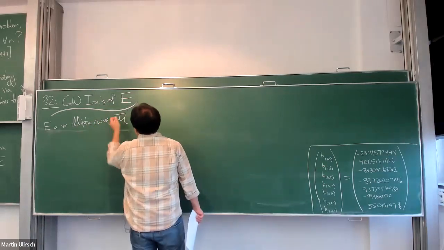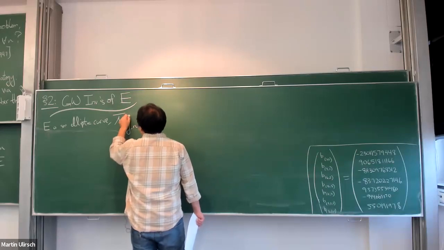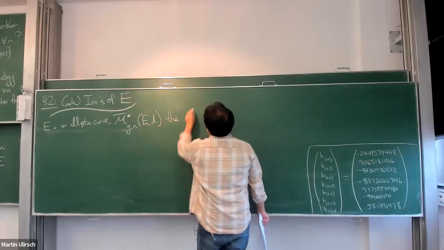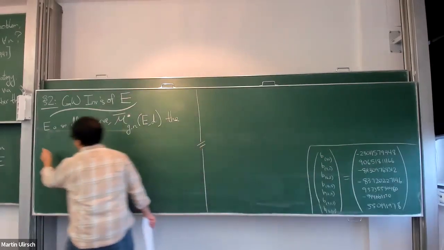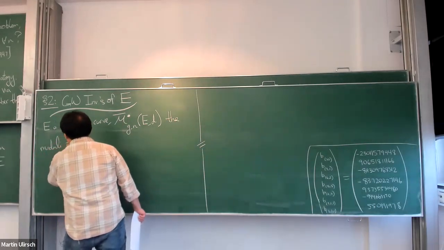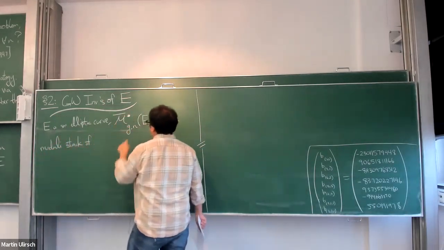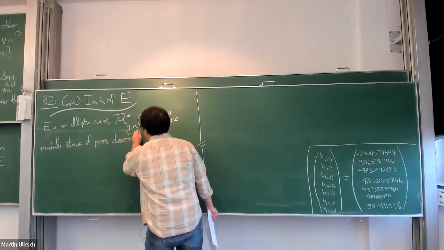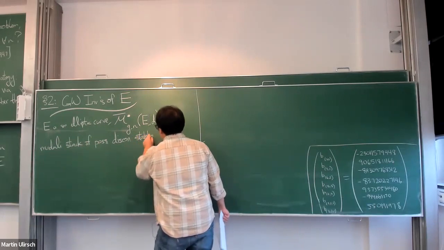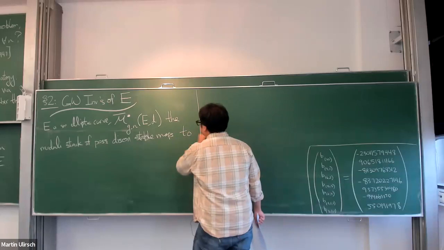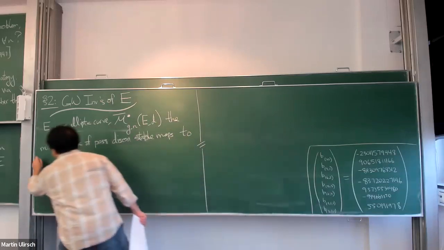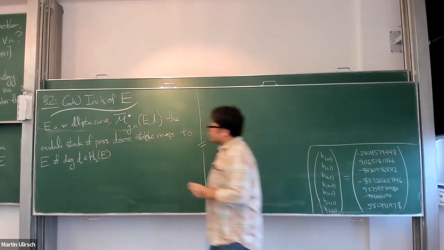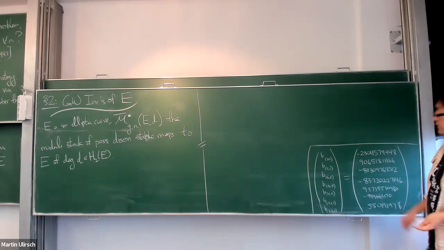And we'll let M bar G,N circle of E,D be the moduli stack of possibly disconnected, that's what the dot means here, stable maps to the smooth elliptic curve with a genus G target and marked points of degree D. Good. So that's where we want to do our intersection theory.